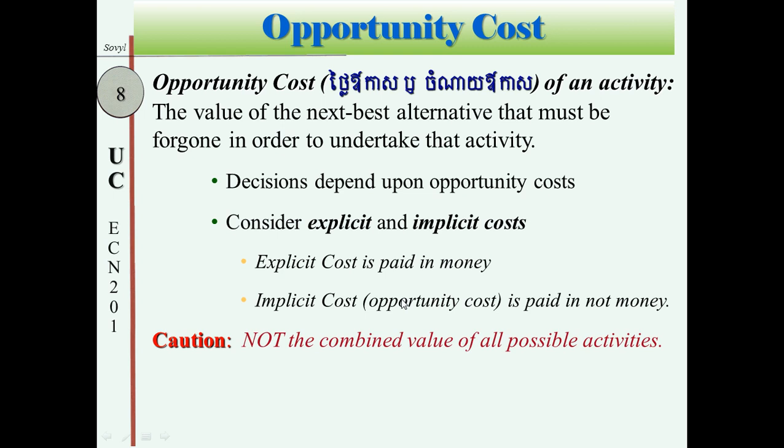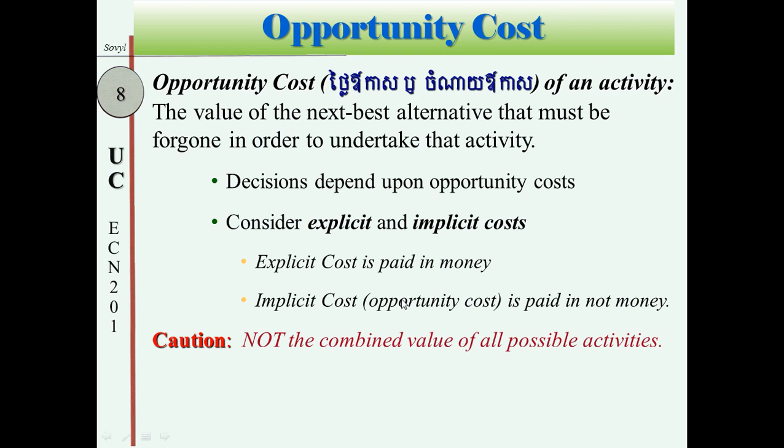Note: do not combine the values of all possible activities together. When you study opportunity cost, don't try to combine. For example, you have 5 options. When you take one, don't try to compare it to the other 4 together. When you take A to study, don't compare the cost or the values of B, C, D together.